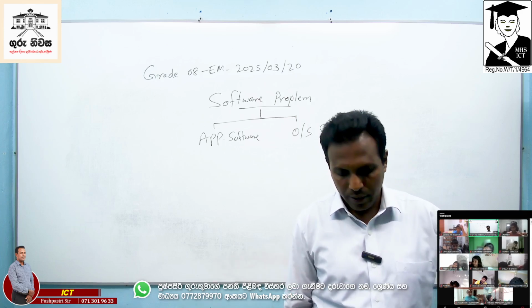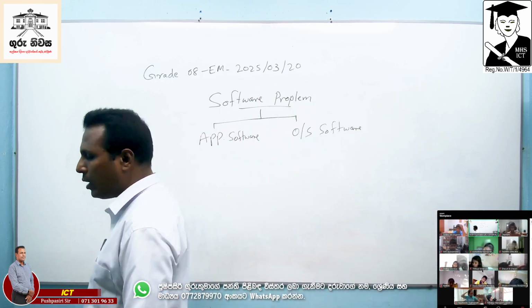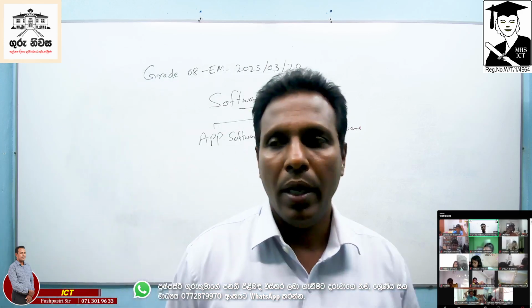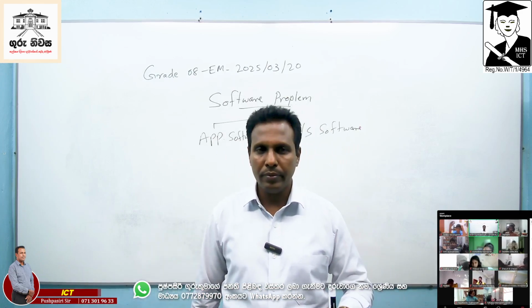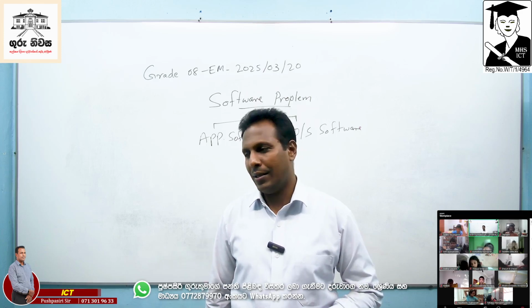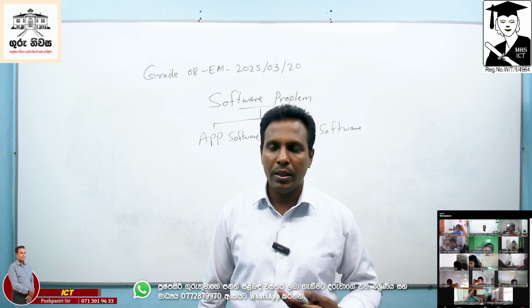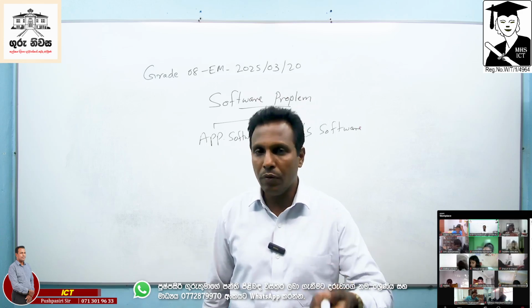Right. තව ප්‍රොබ්ලම් එකක් තමයි softwares වැඩ කරන්නේ නැති වෙන්න හේතු. එක හේතුවක් තමයි virus නිසා. If you have a virus in your computer, then the software cannot run properly because of the virus.